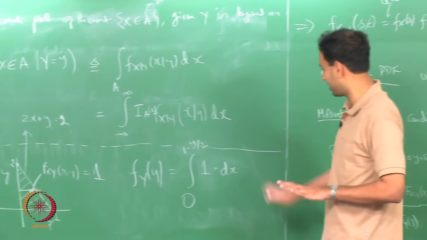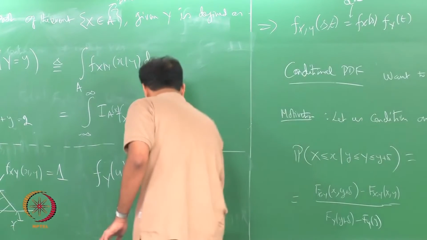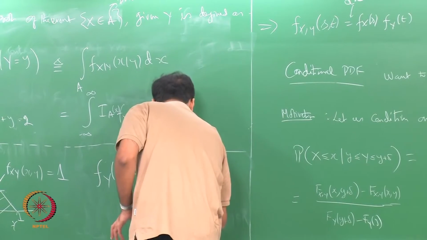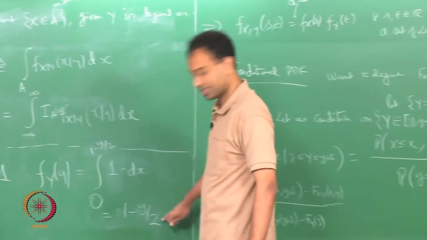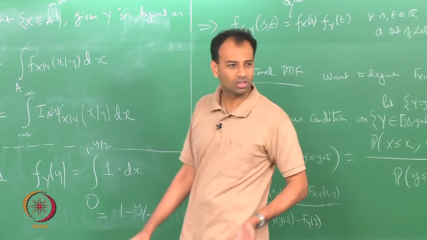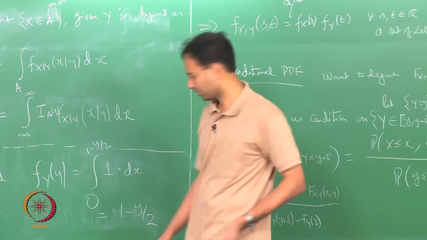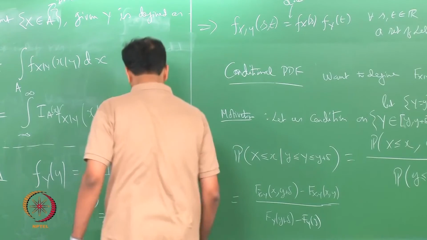See, this kind of stuff I do not do correctly often. So, this is equal to simply 1 minus y over 2, okay. And what is the range of y now? Again 0 to 2, this is for 0 less than or equal to y less than or equal to 2.